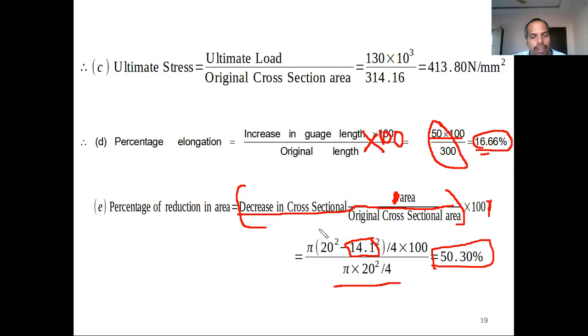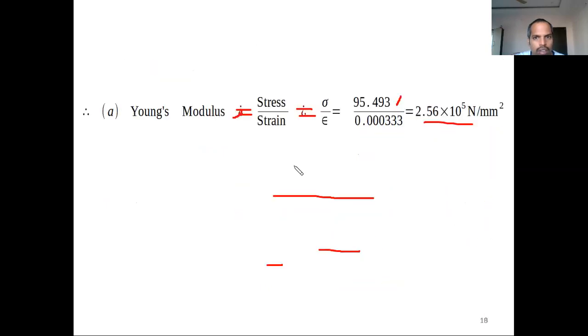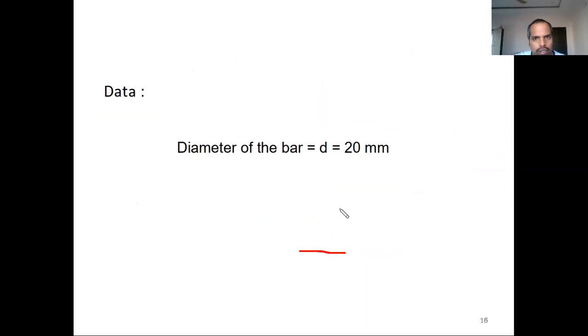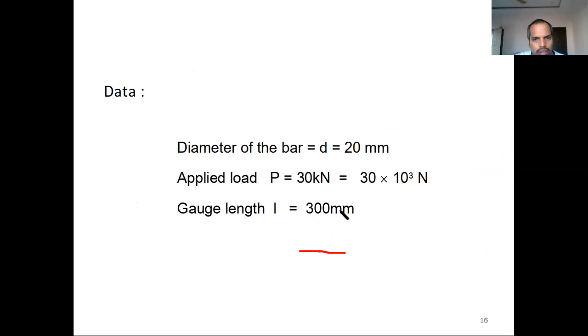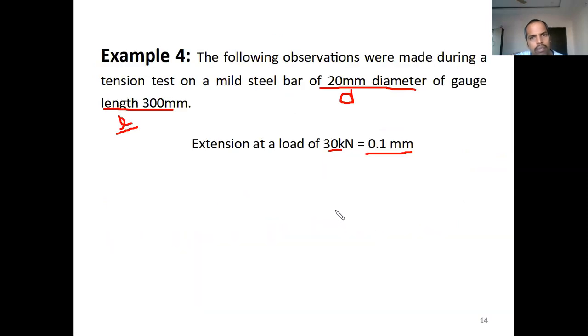Not like that, because the square is there. Let me explain once again.